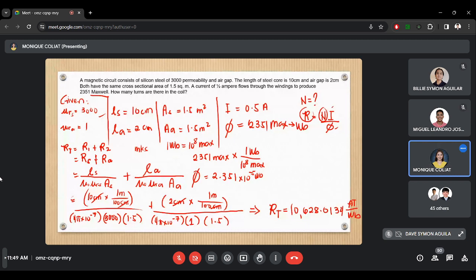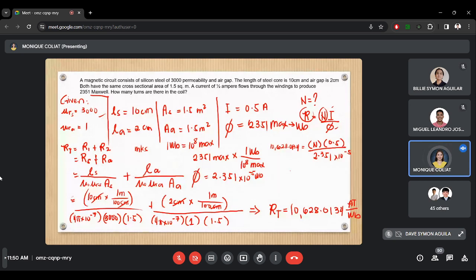Now that we're complete, let's substitute. 10,628.0134 equals N times I, which is 0.5, over 2.351 times 10 raised to negative 5.